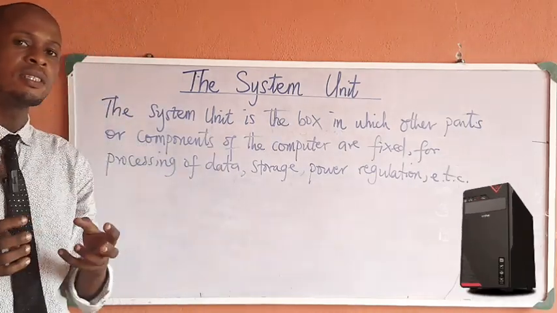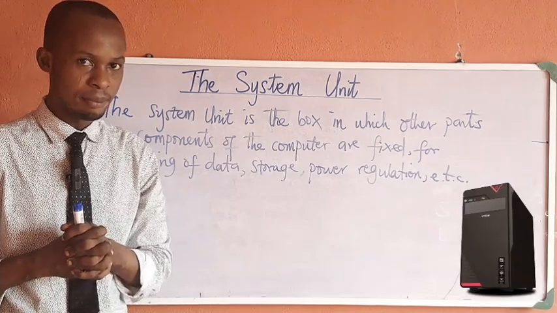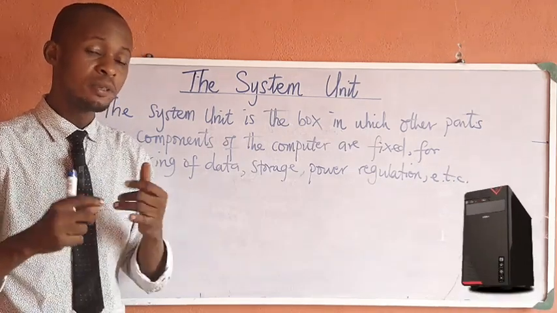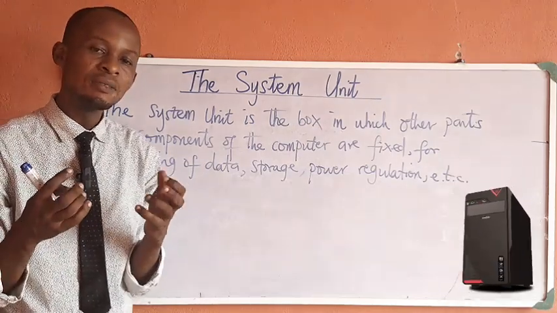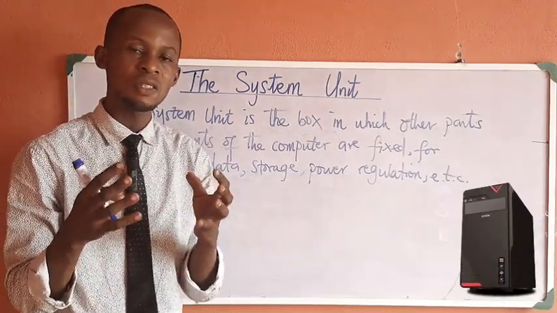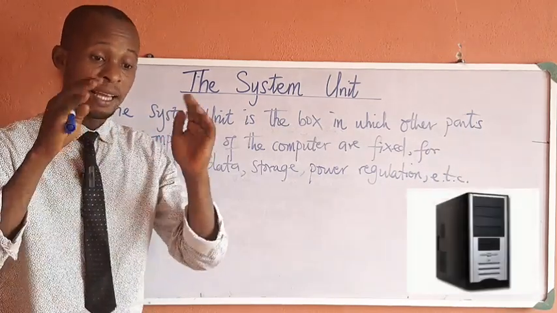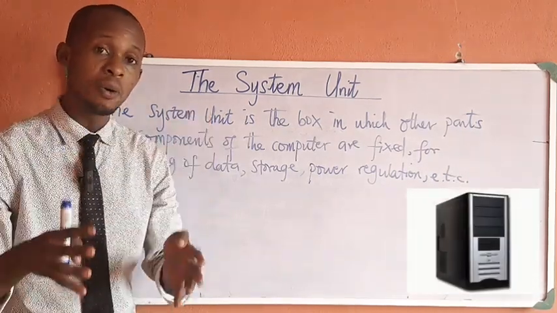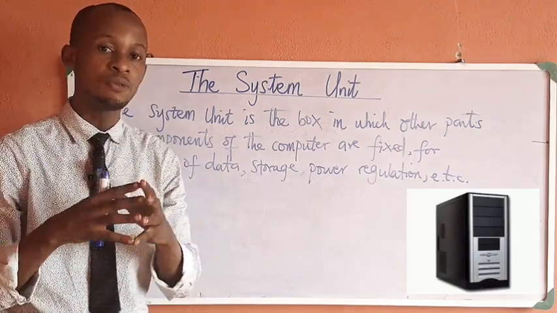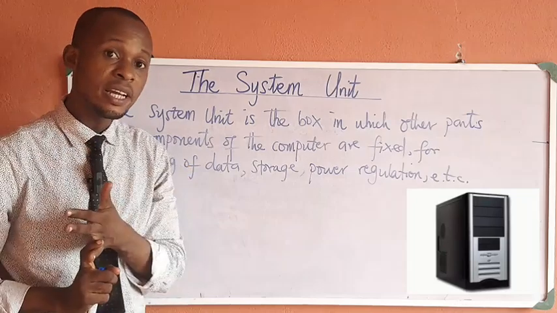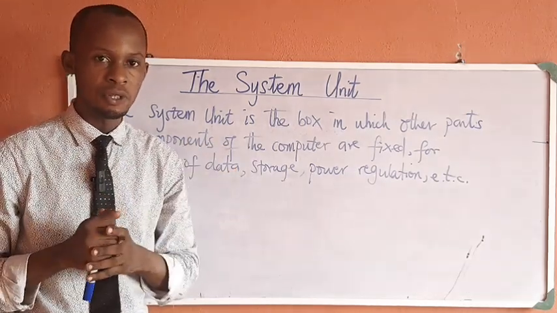It is the most important hardware of the computer system in the sense that processing units, storage units, and other vital parts of the computer are fixed inside of it. It's like a box, but inside the box are vital components that are useful for processing, storage, power regulation, and other functions.